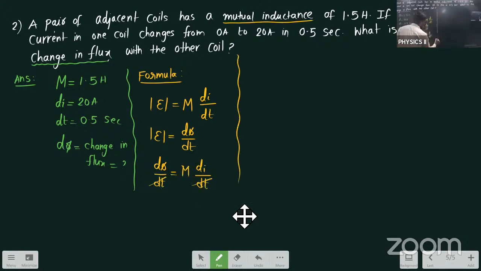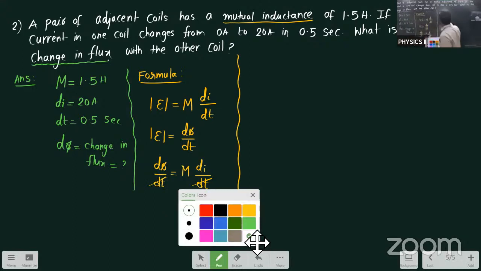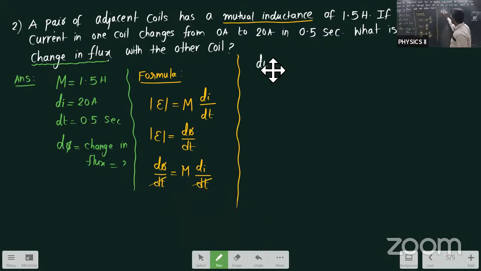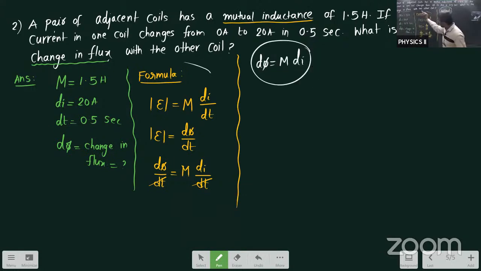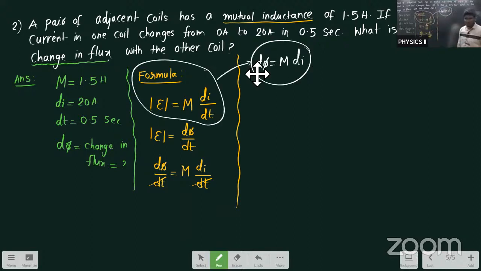Finally, I can write one equation: d phi is equal to M into dI. After writing this formula, directly, if you remember, you can go for this, or you can derive this. It will take hardly 30 seconds.